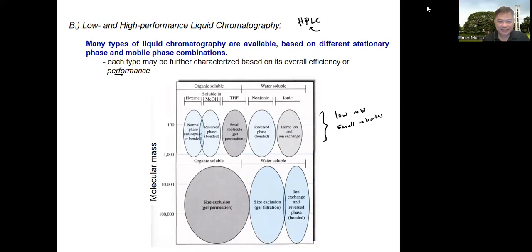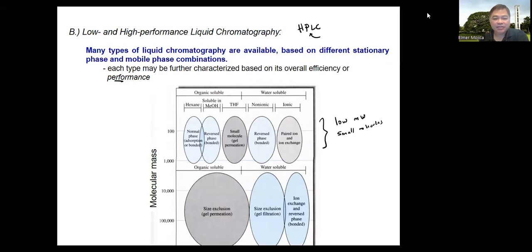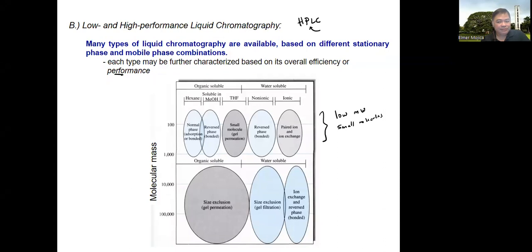Organic compounds, okay, very good. So if you have an organic molecule or organic solvent, the term that you use there is gel formation. But if you have aqueous solvent or water, the term that you use there for size exclusion is gel filtration.